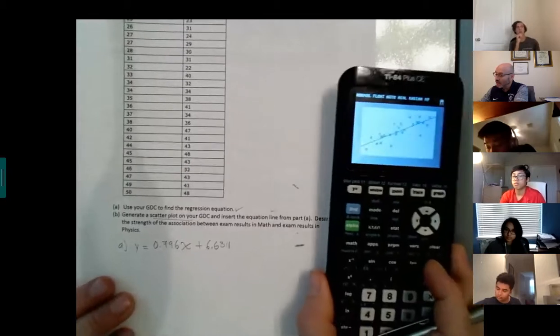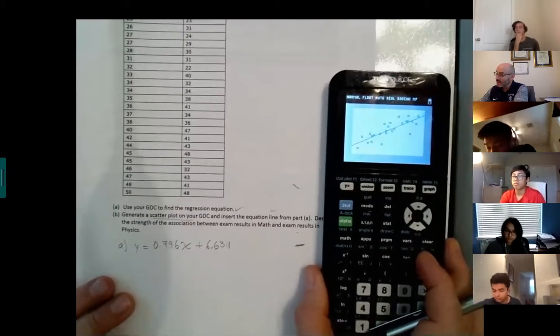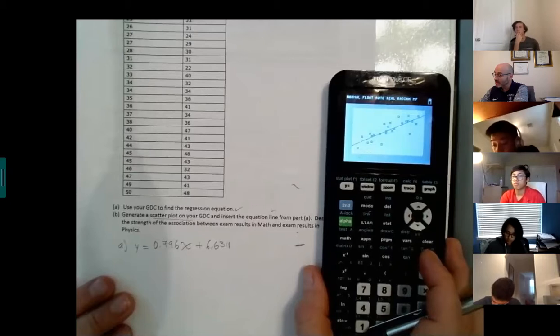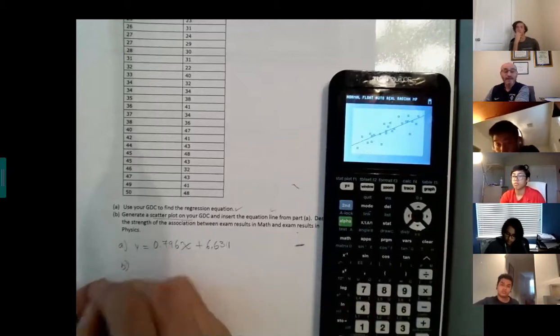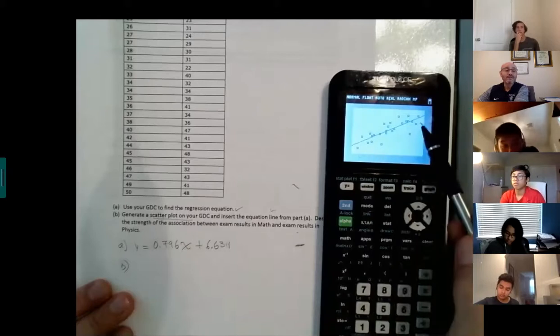Describe the strength of the association between the exam results in math and the exam results in physics. So let's do that. So it's positive, right?